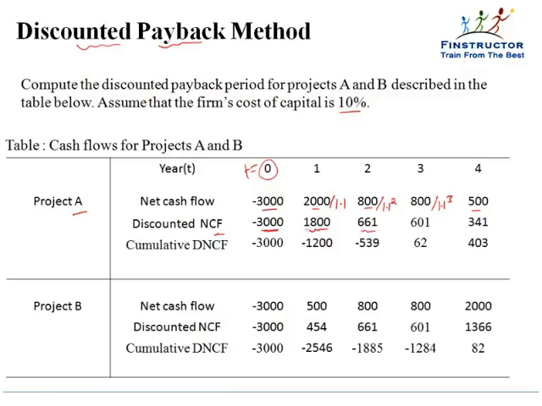So $1,800 comes back in year 1. I'm still left with $1,200 to be recovered. Another $661 comes in year 2. That means I'm still left with $539 to recover.